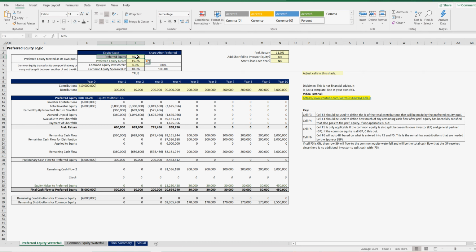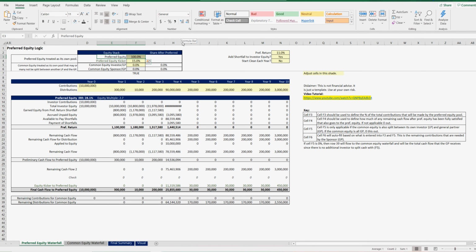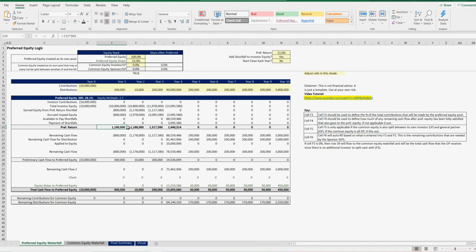Note that if the preferred equity is 100%, meaning that nobody gave any cash contribution except for this preferred equity leg, that's completely fine. What would happen is they get their pref return, and then they get a kicker on any remaining cash flow.